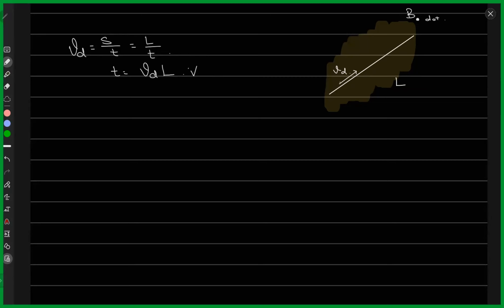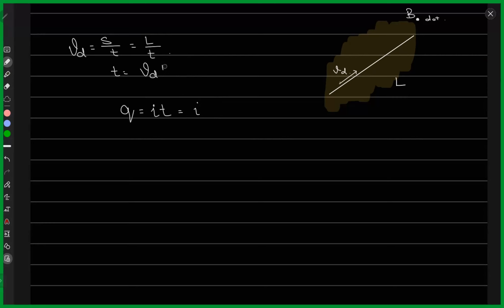Now, in this time, what would the net charge be? It would be Q is equal to I times T. That is the equation for the charge. Now I know T is Vd times L. Actually, I wrote this down wrong.